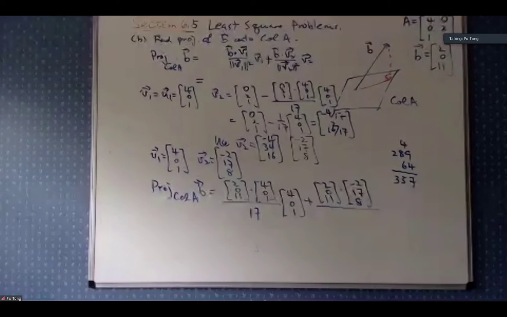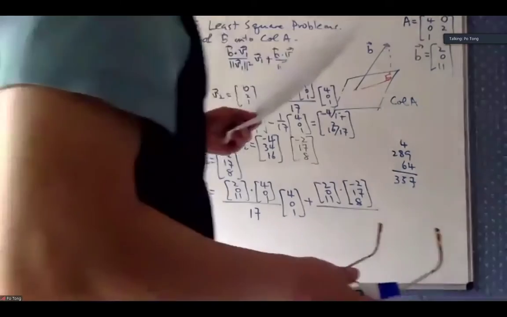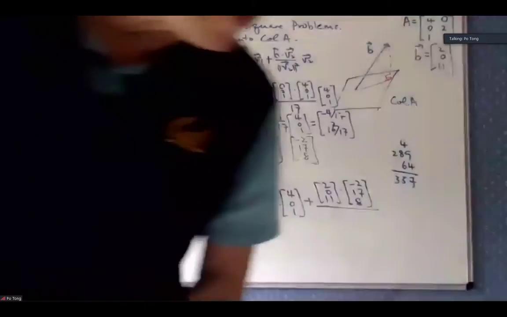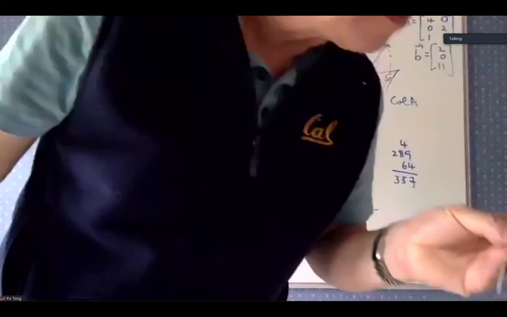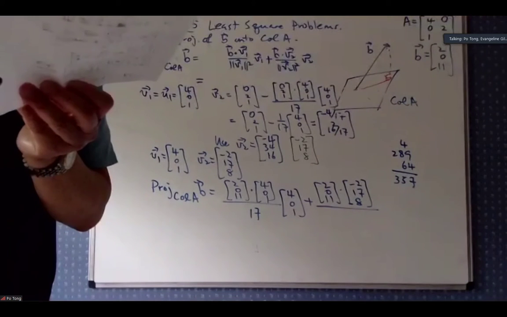So the number seems to be really big. V2 squared. Let me make sure that I have everything correct. Yeah, 357. What's that? 357.